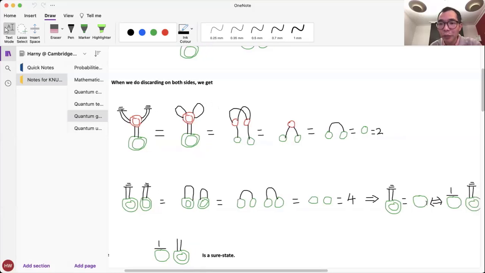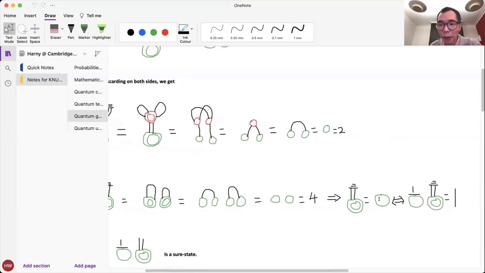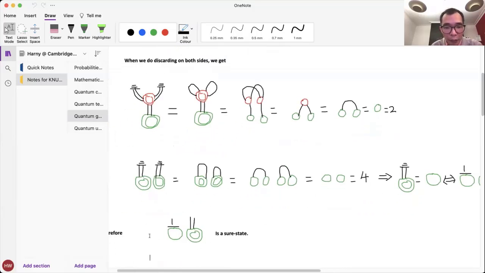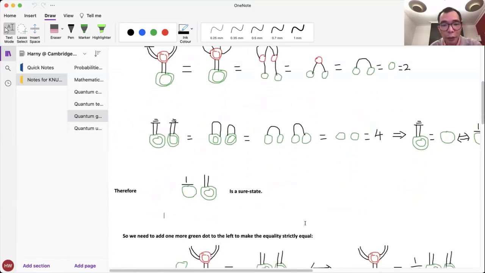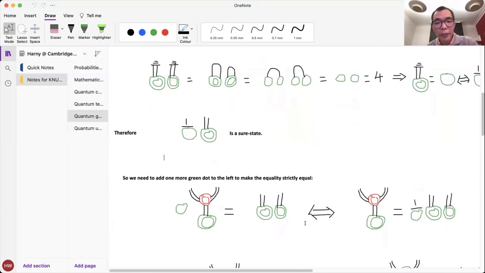If I times the inverse of this, that means I times half, then this thing will become 1. So this diagram is a short state.